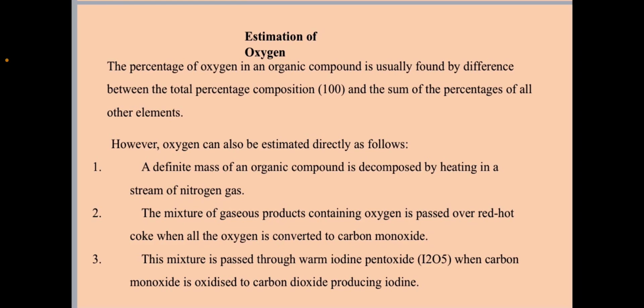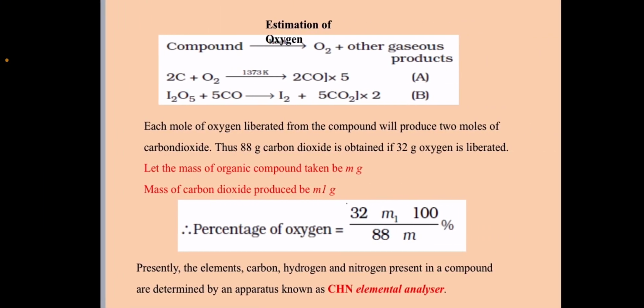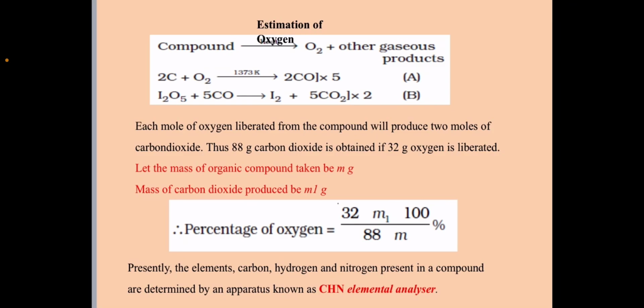Secondly, the mixture of gaseous products containing oxygen is passed over red hot coke, when all oxygen gets converted to carbon monoxide, and then the mixture is passed through warm iodine pentoxide, when carbon monoxide is oxidized to carbon dioxide, producing iodine. So these are the reactions for the estimation of oxygen.